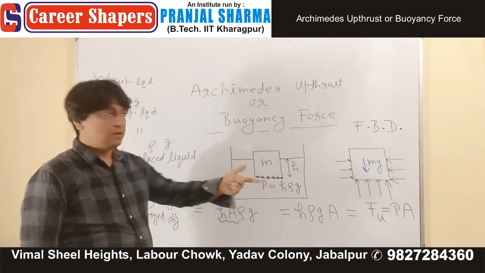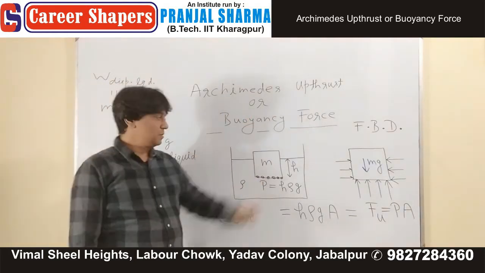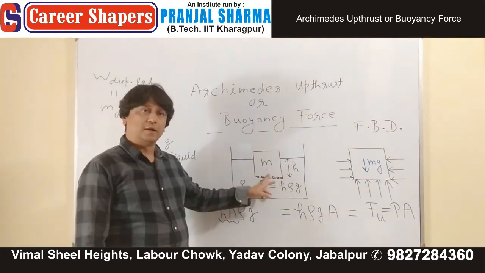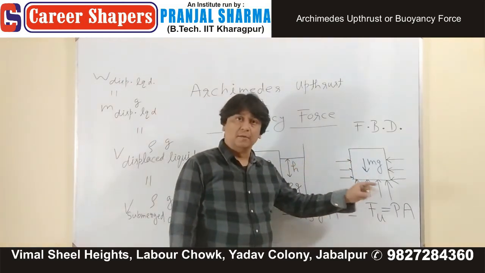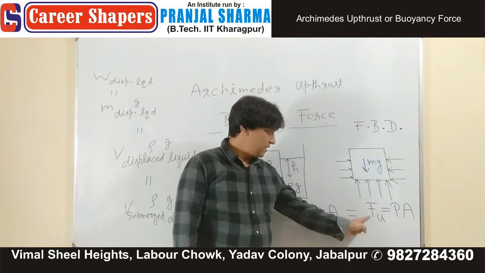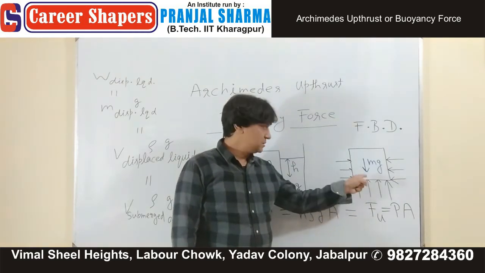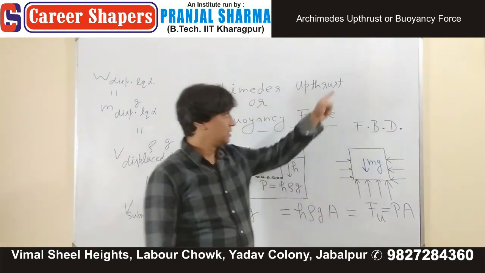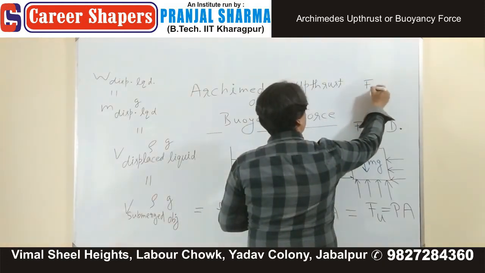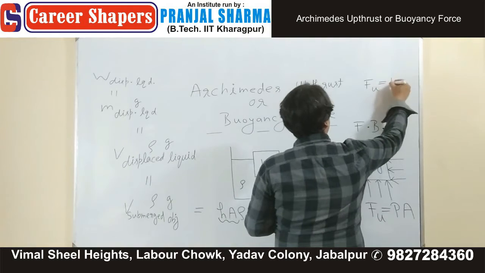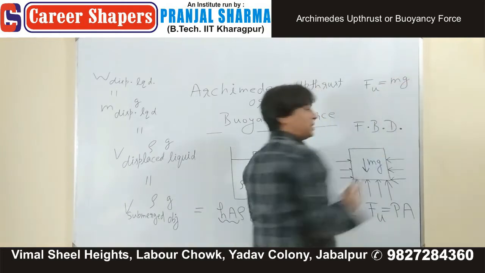If you say what Archimedes found, that if an object is floating, then it is in equilibrium and therefore Fu is balancing mg. Fu is balancing mg.